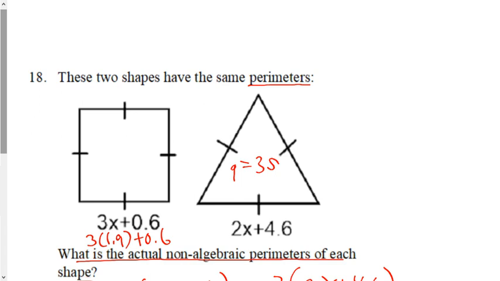3 times 1.9 is 5.7. 5.7 plus 0.6 is 6.3. So when I solve that, the side length of that square is 6.3. Multiply that by 4 because there's 4 6.3s, and you get the perimeter is 25.2.